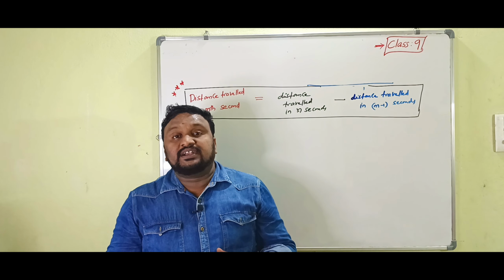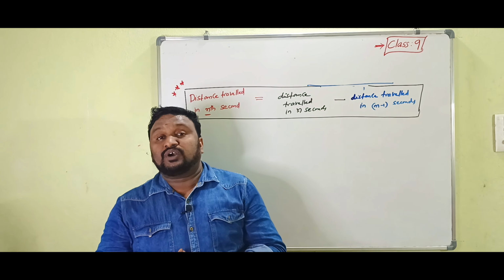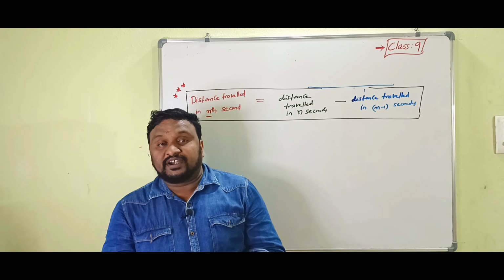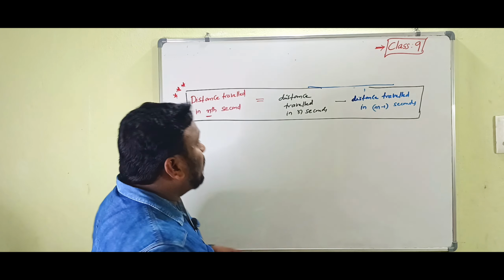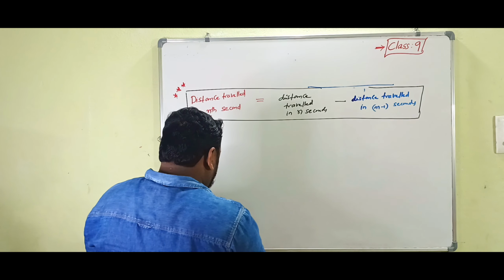Children, we know the formula for the distance traveled by the body in t seconds: s = ut + ½at². We are going to use that equation here, children.